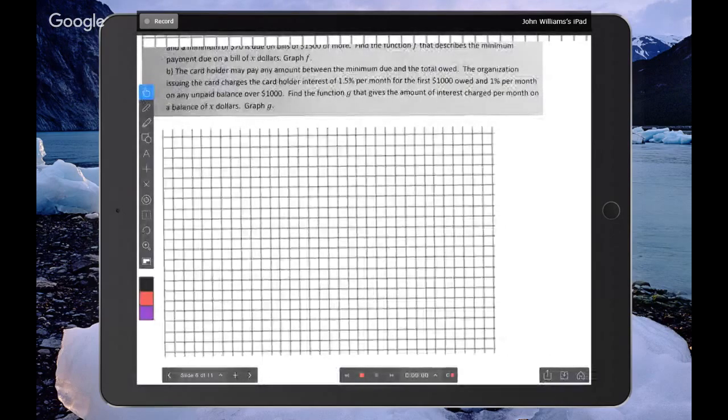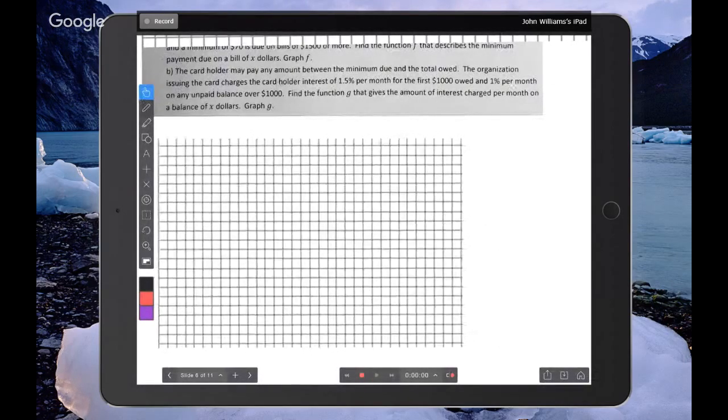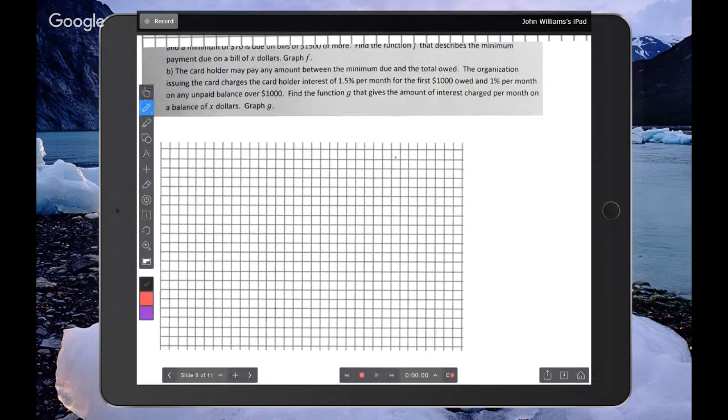Okay. And g of x this time. So g of x is going to equal, and I only need a two-part bracket this time. For the first 1,000 owed, we've got a balance of x dollars.